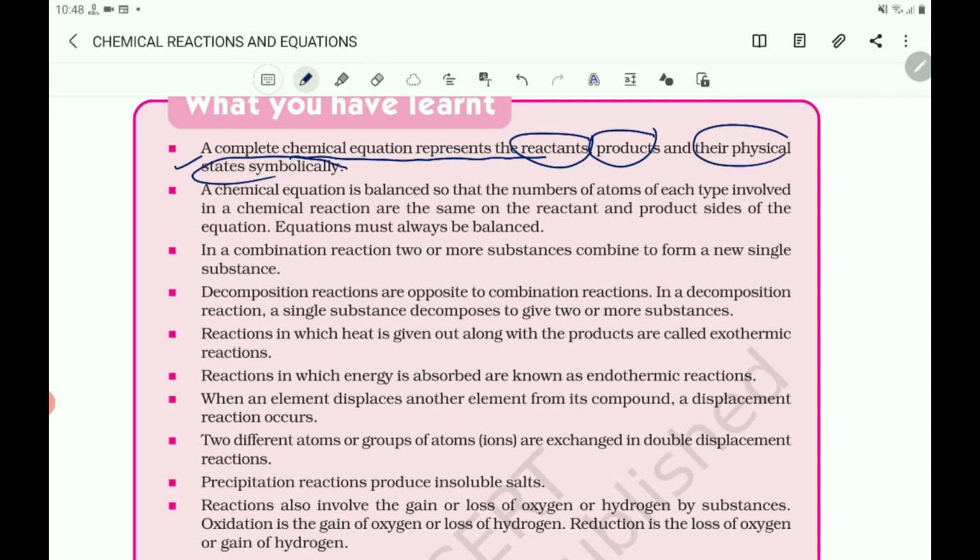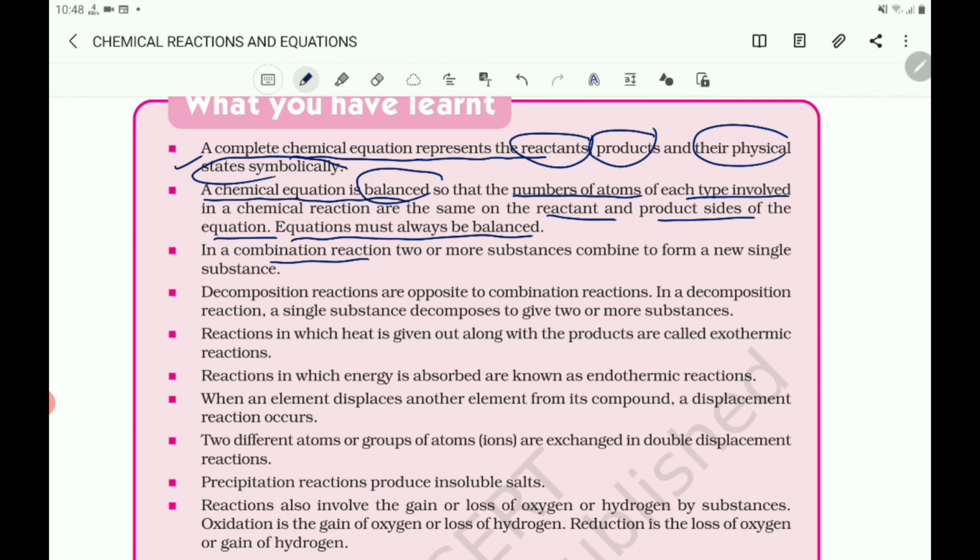Next, a chemical equation is balanced so that the number of atoms of each type involved in a chemical reaction is the same on the reactant and product side of the equation. Equations must always be balanced, according to the law of conservation of mass.